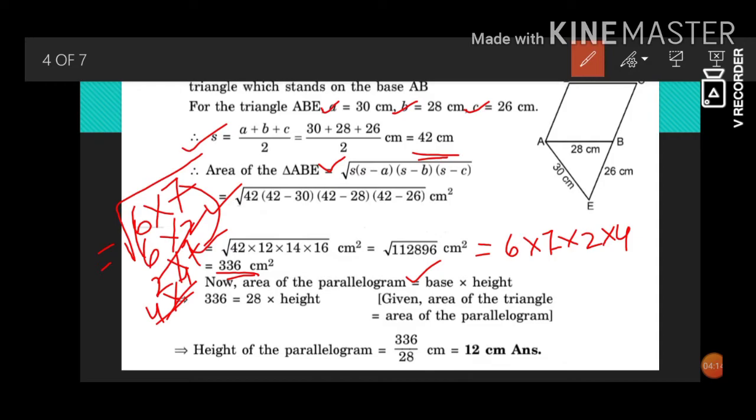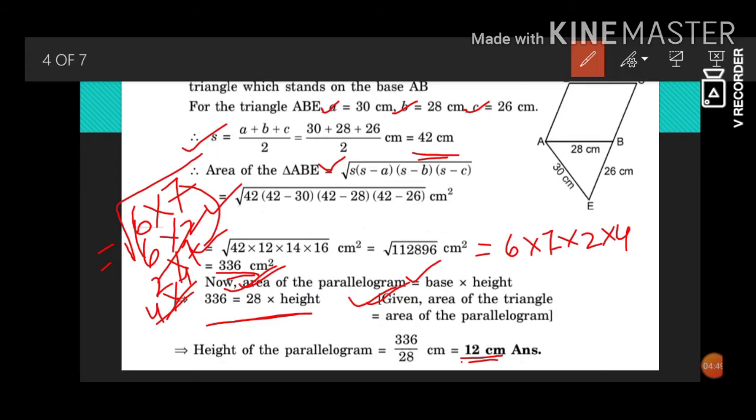So we will substitute everything that we know in this formula: area of the parallelogram is equal to base into height, that is 336 is equal to 28 into height. In the bracket we write area of the triangle is equal to area of the parallelogram, as given in the question. So if we divide, we will get 336 by 28, which gives us 12 centimeters as the height of the parallelogram.